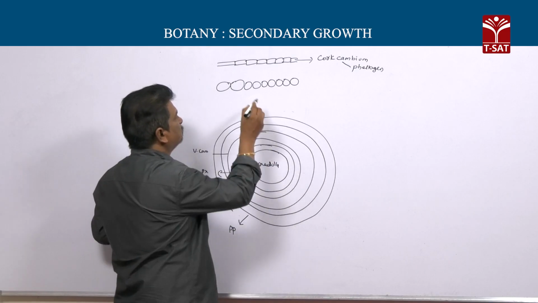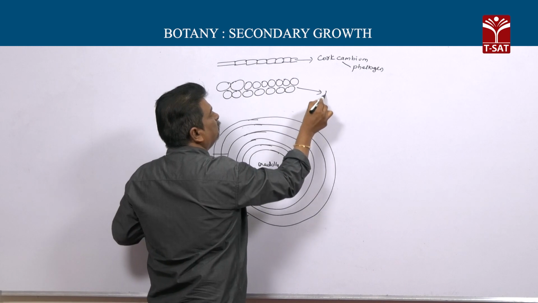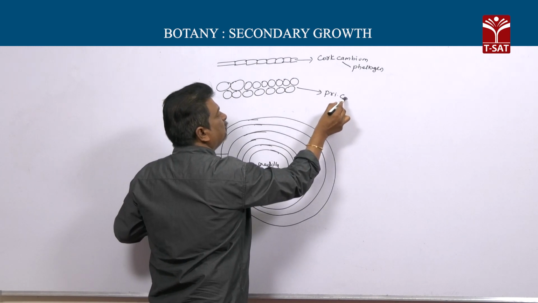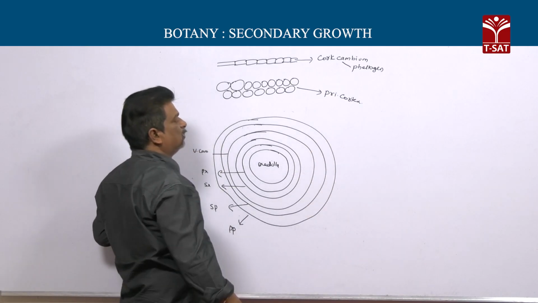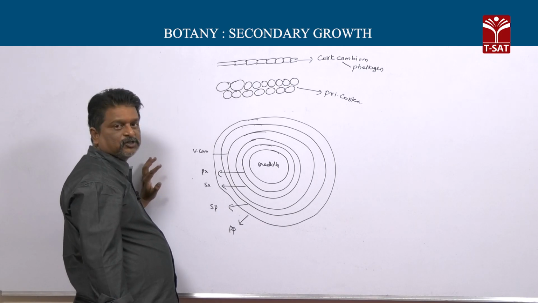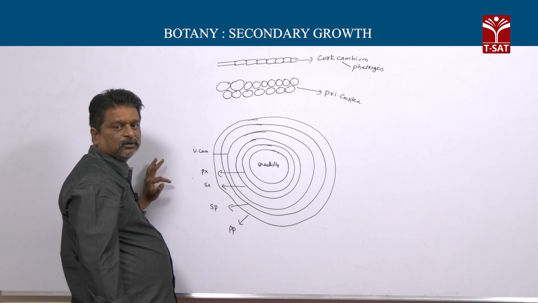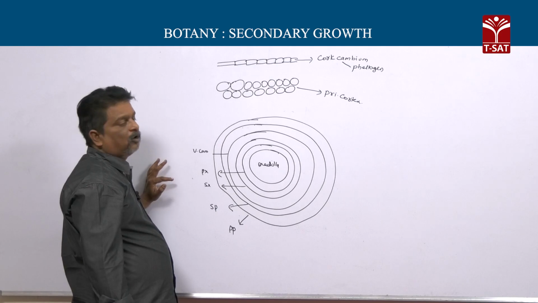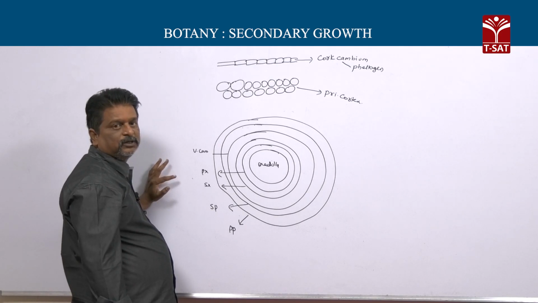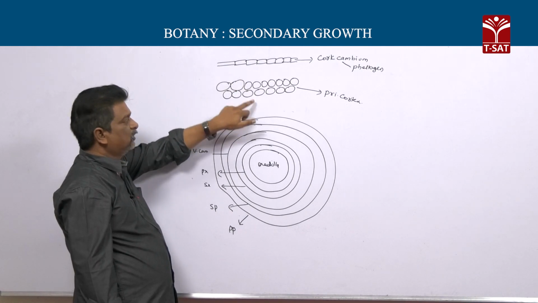So in most cases, the cork cambium or phellogen is formed from the primary cortex by dedifferentiation. See, in the dicot stem, vascular cambium is partly primary and partly secondary. Partly primary is intrafascicular, partly secondary is interfascicular. But the total cork cambium is secondary. Generally, cork cambium is produced from the primary cortex.